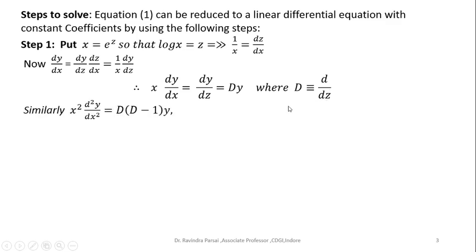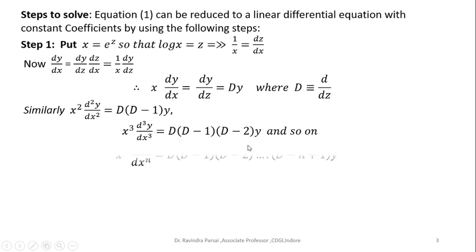Similarly we can obtain the second order derivative: x^2 d^2y/dx^2 equals D(D-1)y. And similarly you can find the value of x^3 d^3y/dx^3 equal to D(D-1)(D-2)y, and so on. We can continue for n terms: x^n d^ny/dx^n equals D(D-1)(D-2)...(D-n+1)y, that is, the last factor is D minus n plus 1.